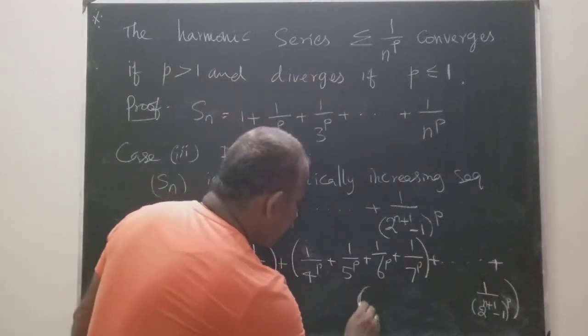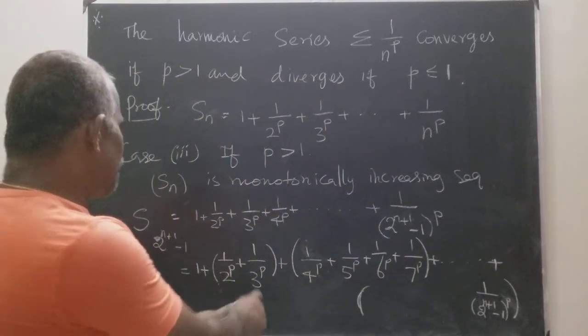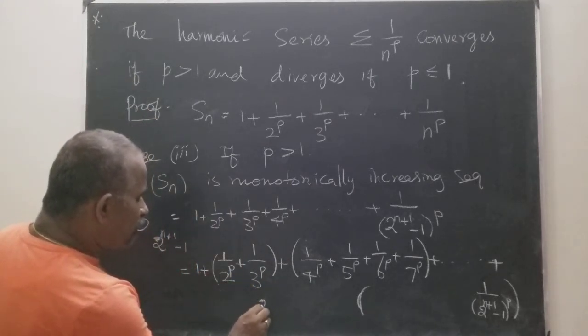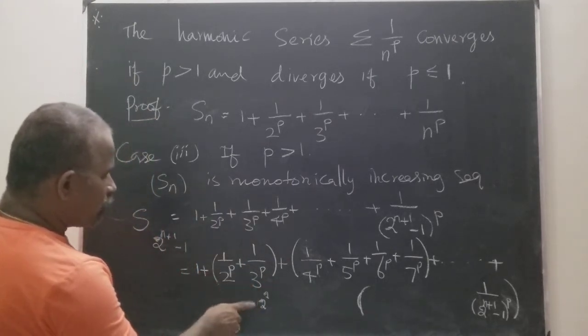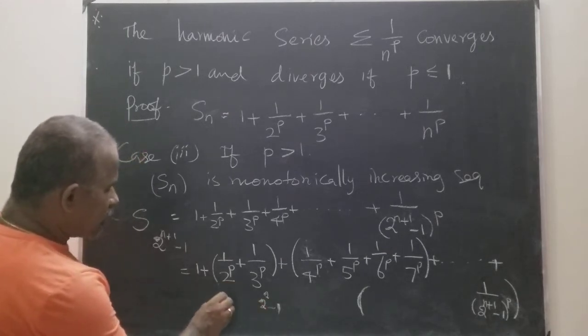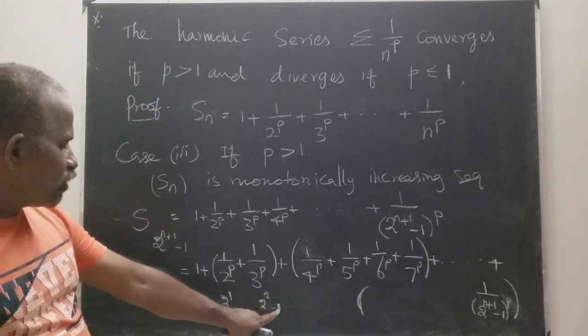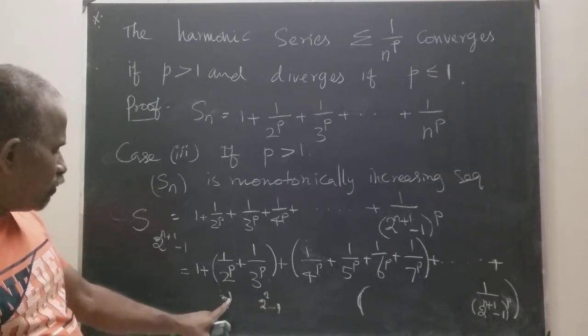What will be the first term? Here is 3 power p, here is 2 power p. This means 2 power 2 minus 1 is equal to 3, and 2 power 1 is equal to 2.